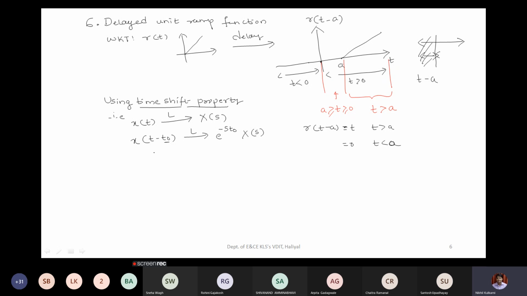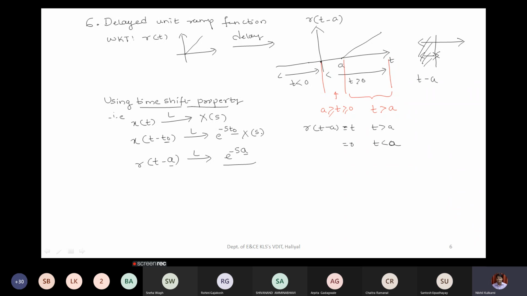So in this place, instead of x of t we have r of t, and in the place of t naught we have a. If you apply the Laplace transform here, directly you can write e to the power minus s a into X of s. What is X of s?